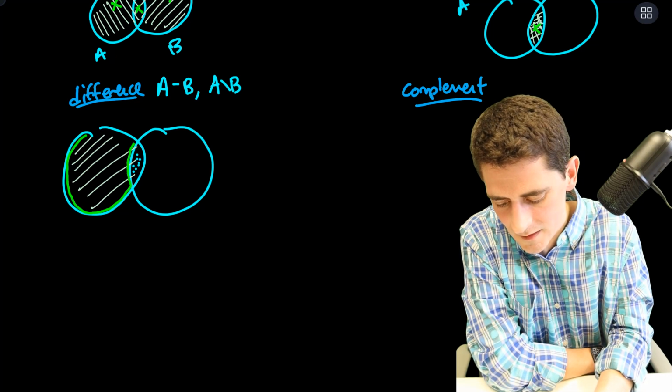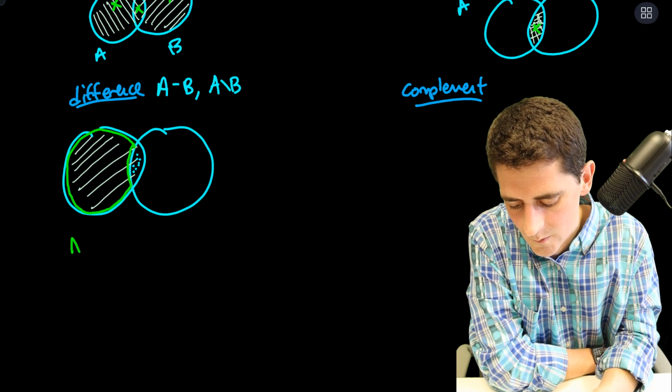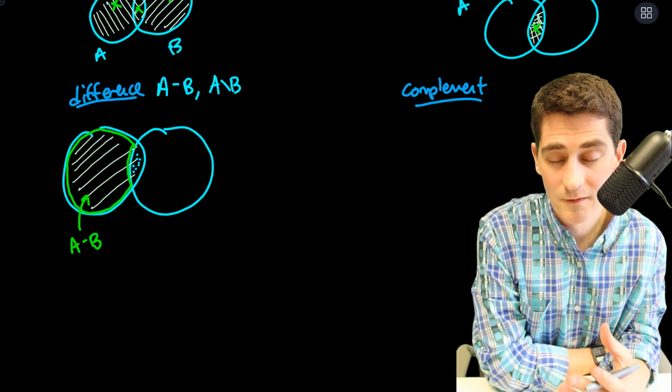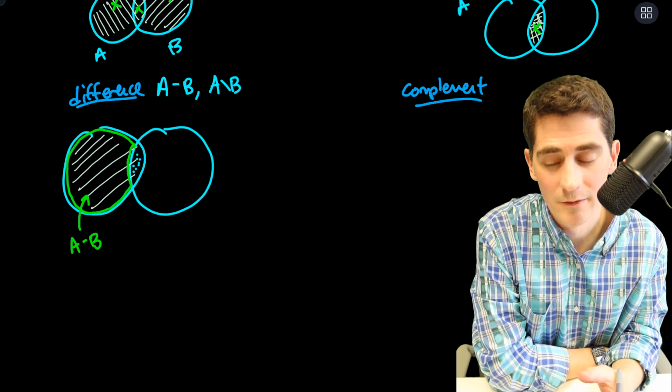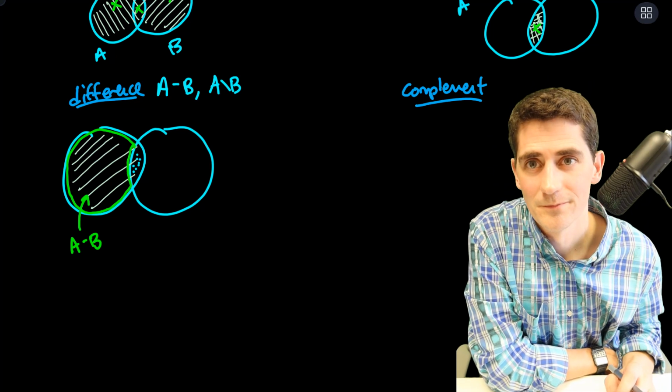So this is the set difference. You can say A minus B is one way to read this, but A minus B, A throw away B, A subtract B is this green region.